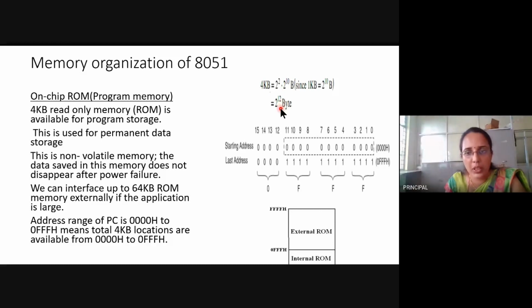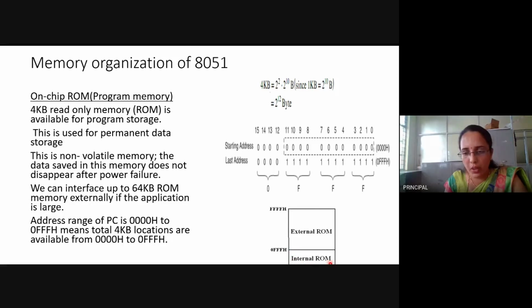So you need 12 address lines from 0 to 11. So 0000 to 0FFF will be the addresses which are available on the chip.